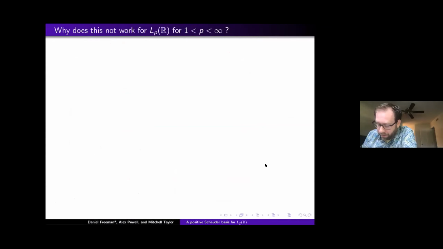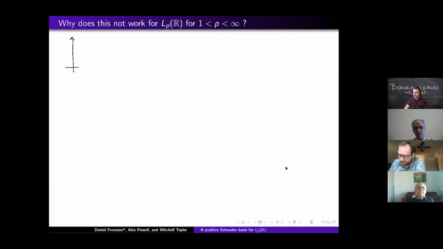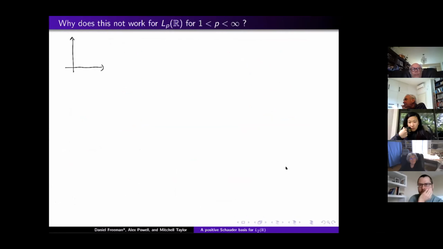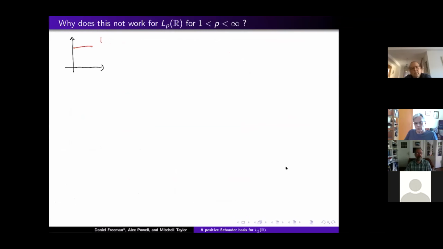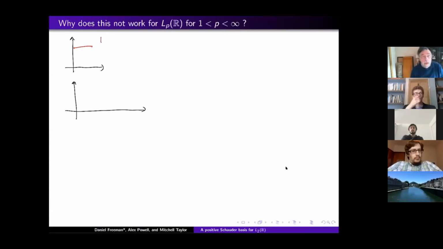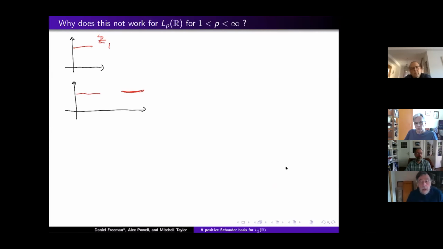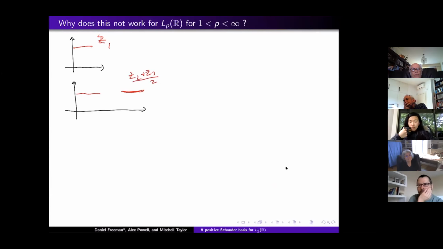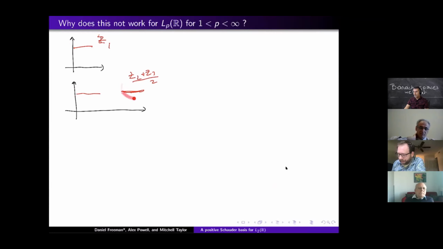And so if you think about what's happening, Z1 is 1 here. So this is Z1. If we did Z2 plus Z3 over 2, it's the same on this first part, but we got this extra piece over here.